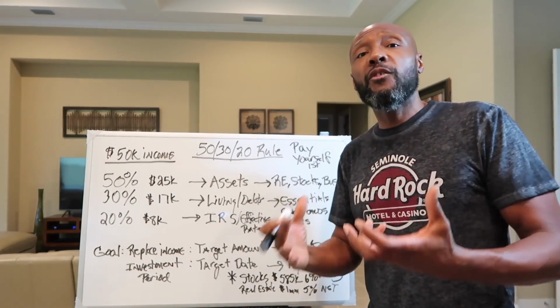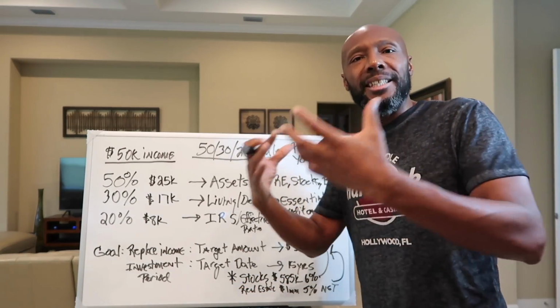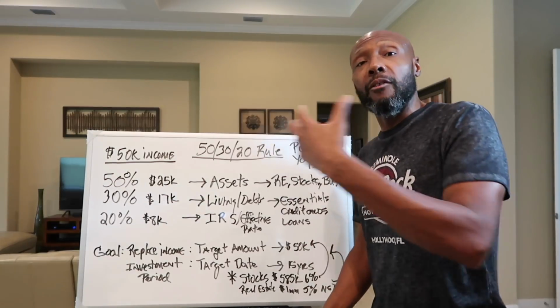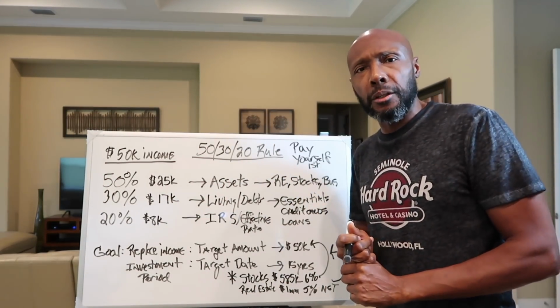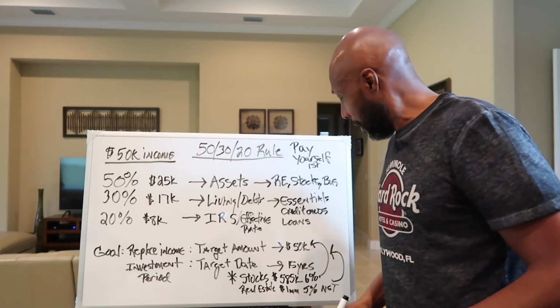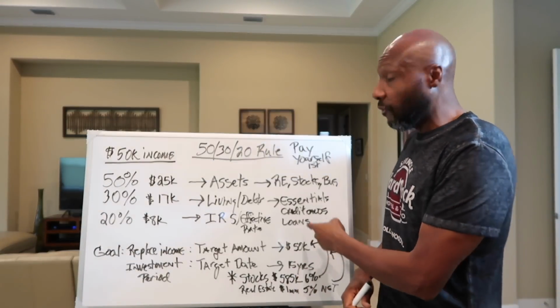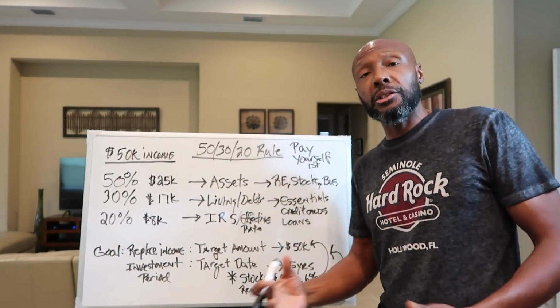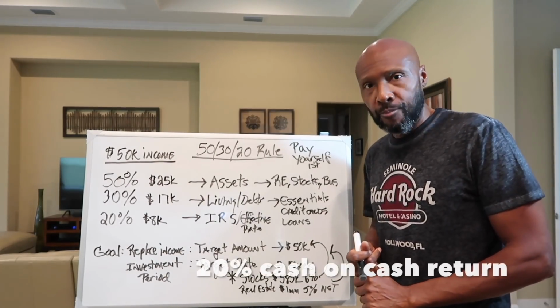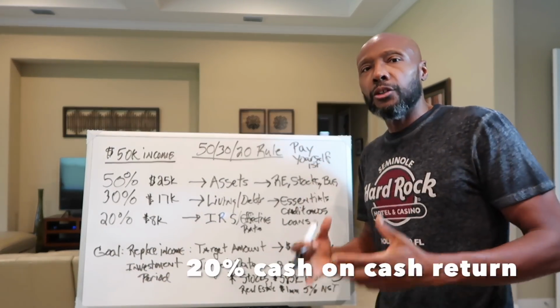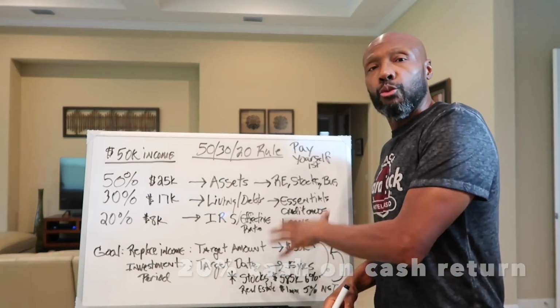So I got 25% of my money in the deal. I go out and I leverage 75% of the money from bank loans. Now I got $250,000 in the deal, and I'm making $50,000 a year on that $250,000 investment. Again, guys, that's how you build wealth, through real estate.